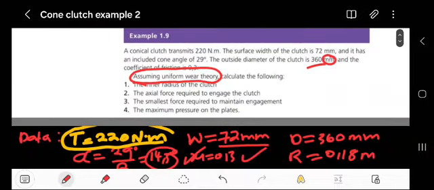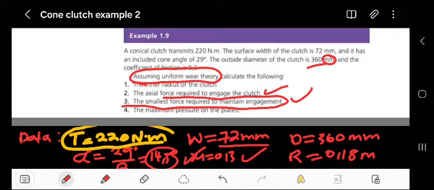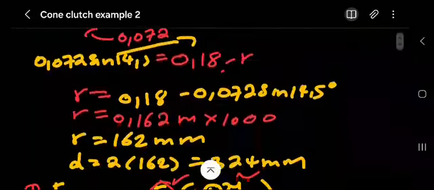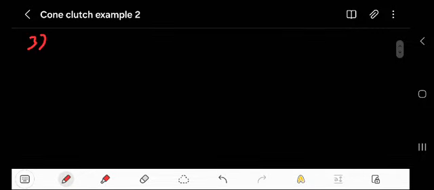Now the smallest force required to maintain engagement. You must know that the smallest force is this one.